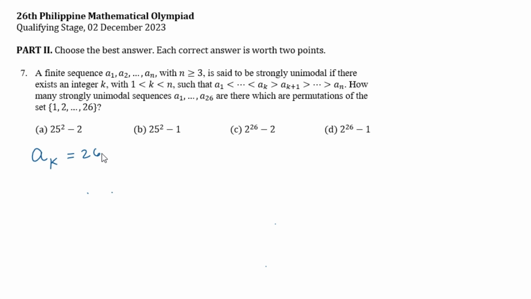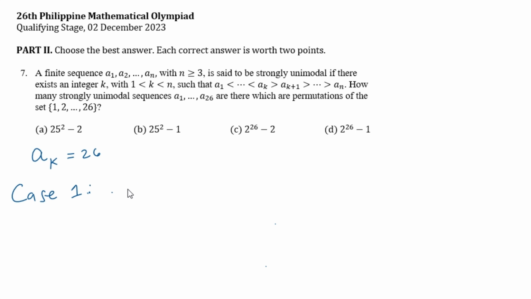Now we consider several cases. In fact, there are 24 cases, but I'll just tackle the first two cases since the other cases easily follow. For case 1, we only place one number to the left of 26 and the rest to the right of 26. To illustrate, let's show some of the possibilities.